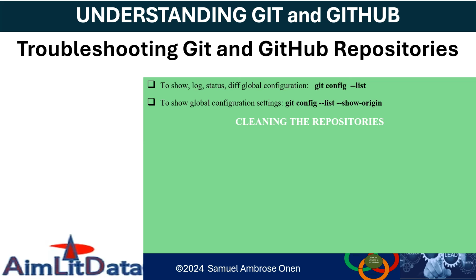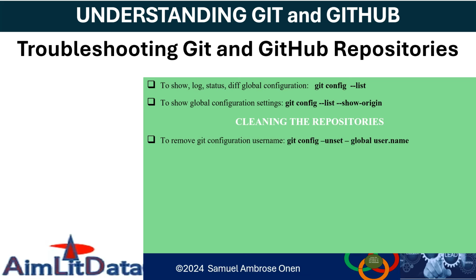Just for academic purposes, I wanted to demonstrate how to do this and how to create flexibility, especially when you are faced with a situation whereby you feel it is prudent to get rid of the created repositories. That's why I want to do this. It's some kind of reverse engineering I'm doing, to learn how to set up Git from the reverse order, so that by the time you go to the real Git configuration, you know exactly what to do.